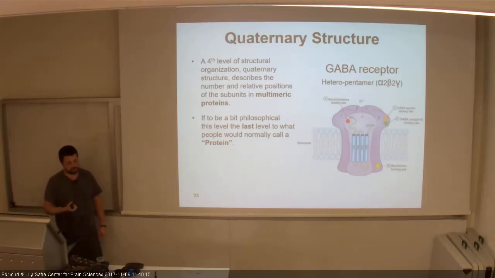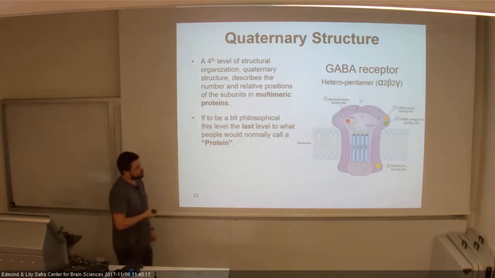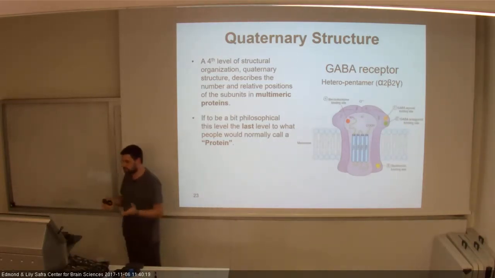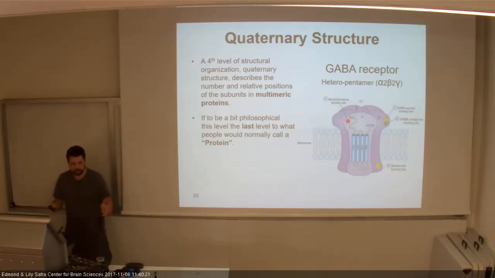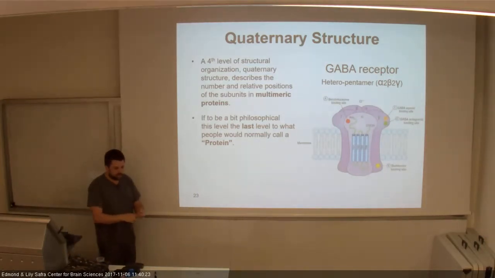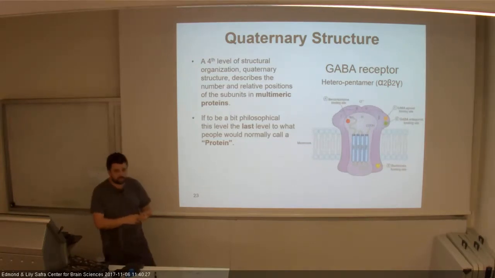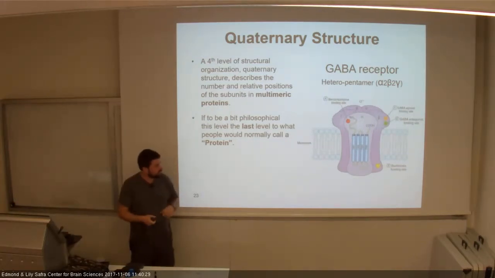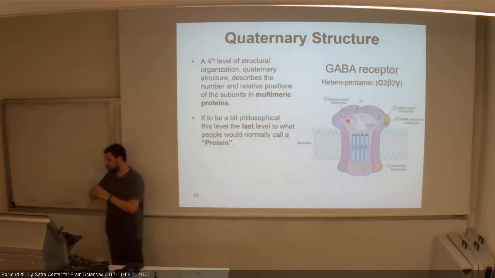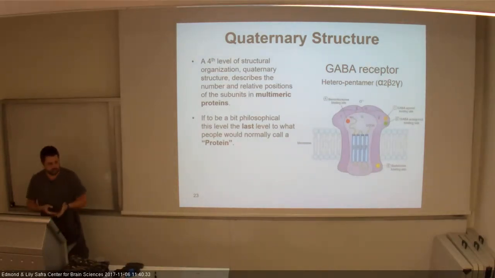What kind of interactions? The interactions that bring them together are the same interactions that we learned about: the hydrophobic effect, hydrogen bonds, electrostatic interactions, all the repertoire that we learned about.